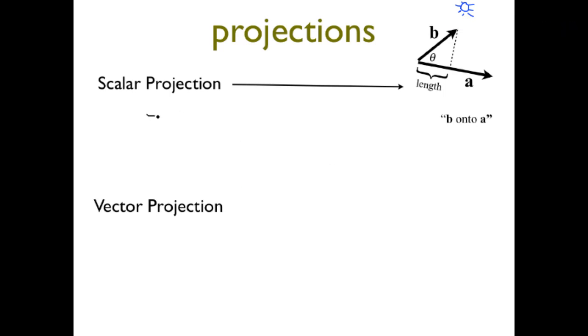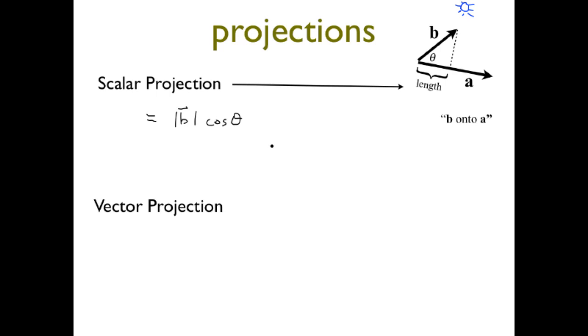The magnitude of B times cosine theta. So it would just be the length of B times cosine theta, and that is the scalar projection.